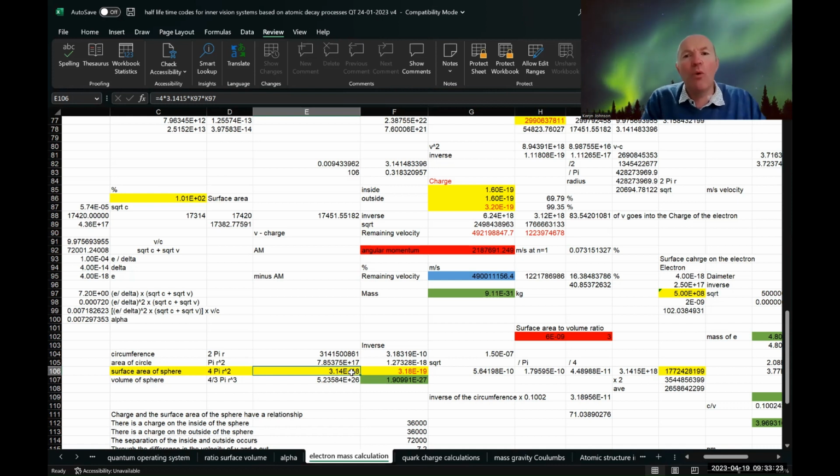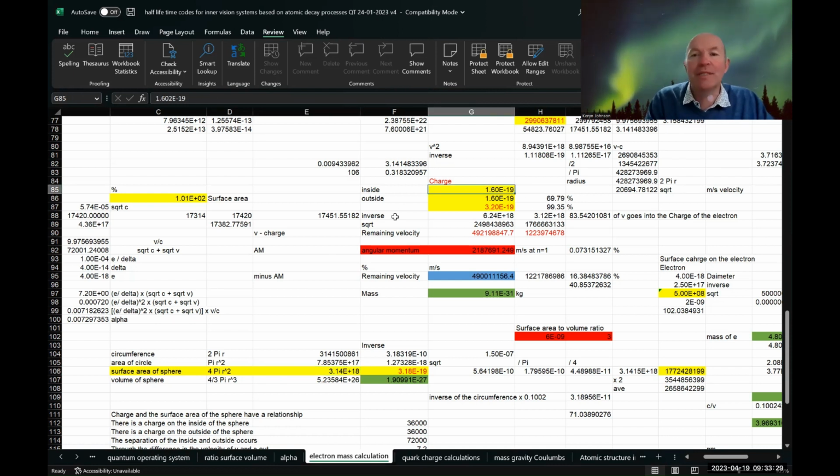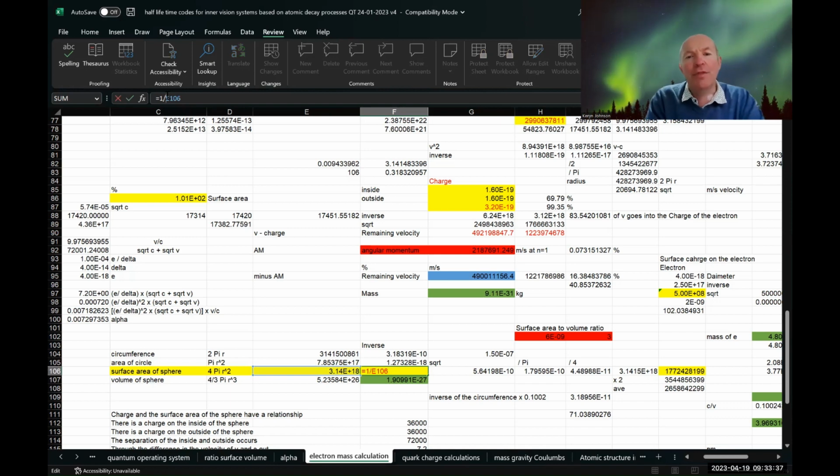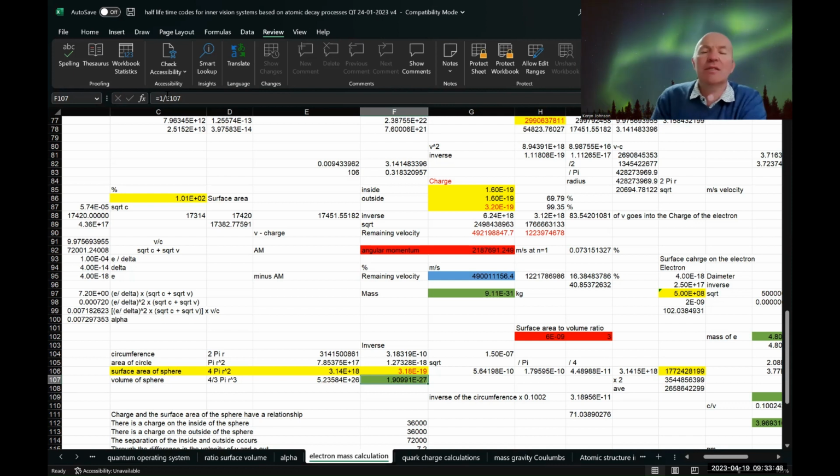So you go, well, how does 3.14e to the plus 18 relate to a charge of 1.6e to the negative 19? And what I do then is I invert that number, 3.14e to the plus 18. 1 over that gives me 3.18e to the negative 19. Okay, so that's what?